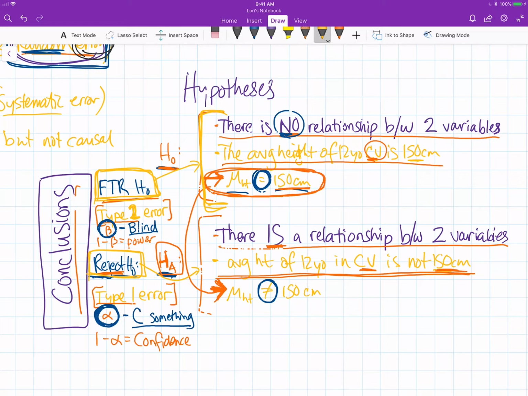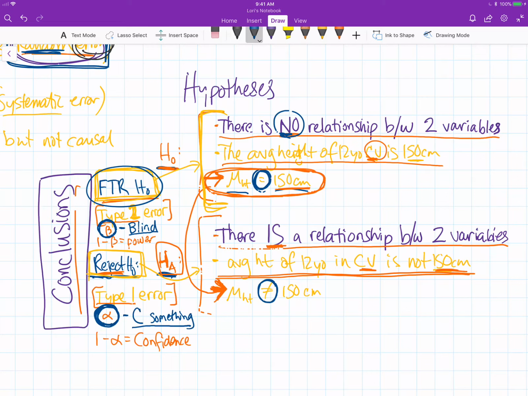So if we conclude that we're going to fail to reject the null here, then we could say the average height of 12-year-olds in Coachella Valley is not significantly different from 150 centimeters, or there is no relationship between living in Coachella Valley and a 12-year-old's height.